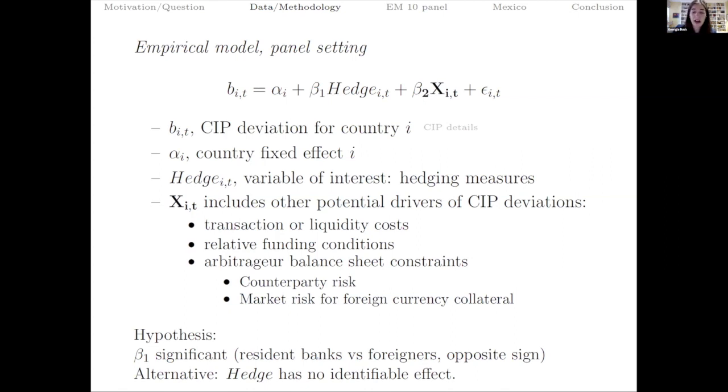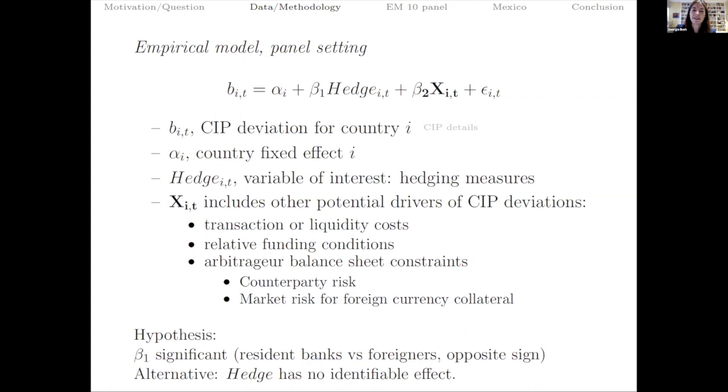Okay, and the hypothesis is basically that the coefficient on the hedge variable has some significance, so there's some effect from this hedge variable. When I'm able to test for the foreign investor effect, my hypothesis is that it's the opposite effect of the resident banking sector. So we have a negative basis.